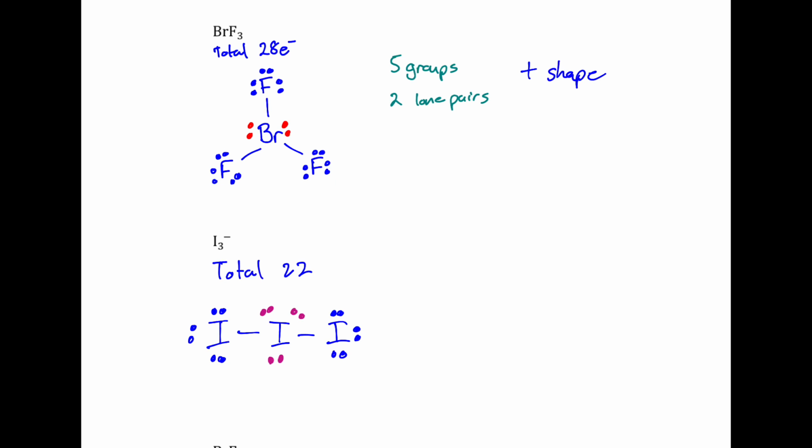So that's 3 lone pairs. It's not one of the options. But what is this shape going to be? It's going to be a line. This is a linear shape. It's a straight line.